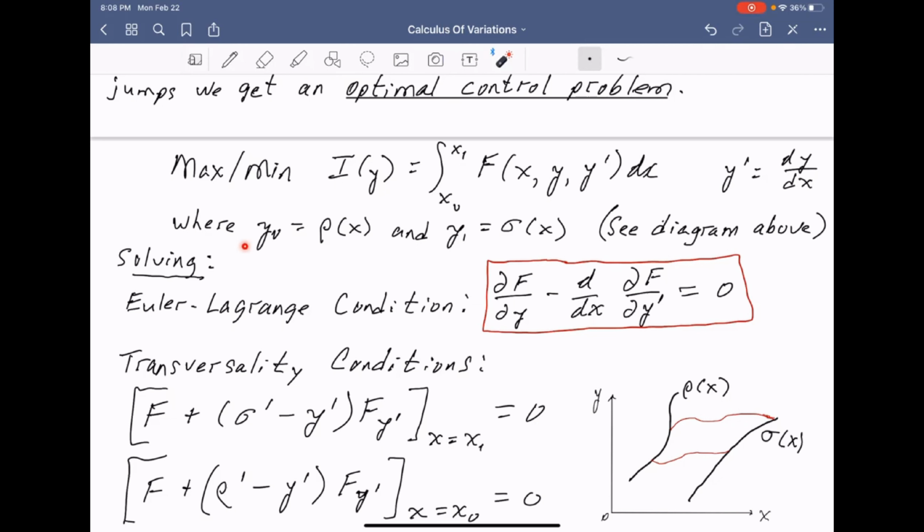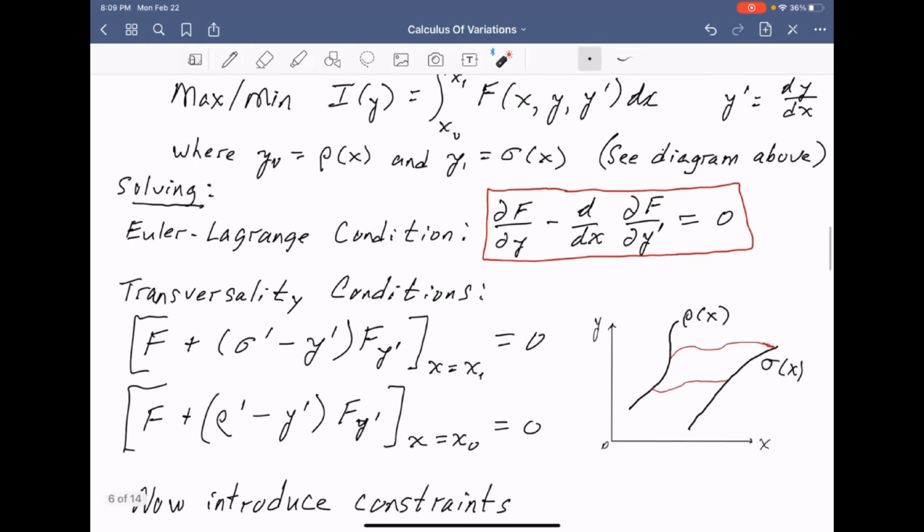And where we have these conditions, y0 has to be equal to psi of x, and y1 equal to sigma of x. And that's shown in this diagram above, and we show it again down here. So we're trying to find this red line, which of these red lines is the best. And there are a whole bunch of those, not just those two.